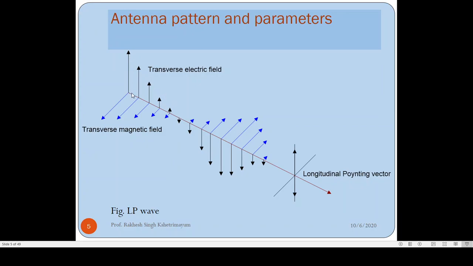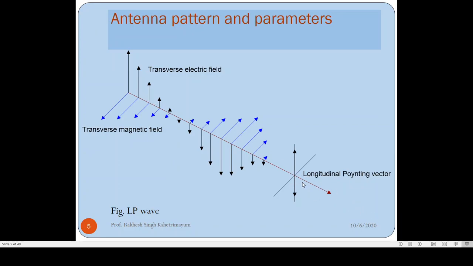This is the electric field. The black lines are for the electric field. Look at the tip of the electric field with respect to time. For example, you look at one fixed point here. The tip of the electric field will always be confined to this one line. The wave is propagating along this direction, so it is incoming towards you.